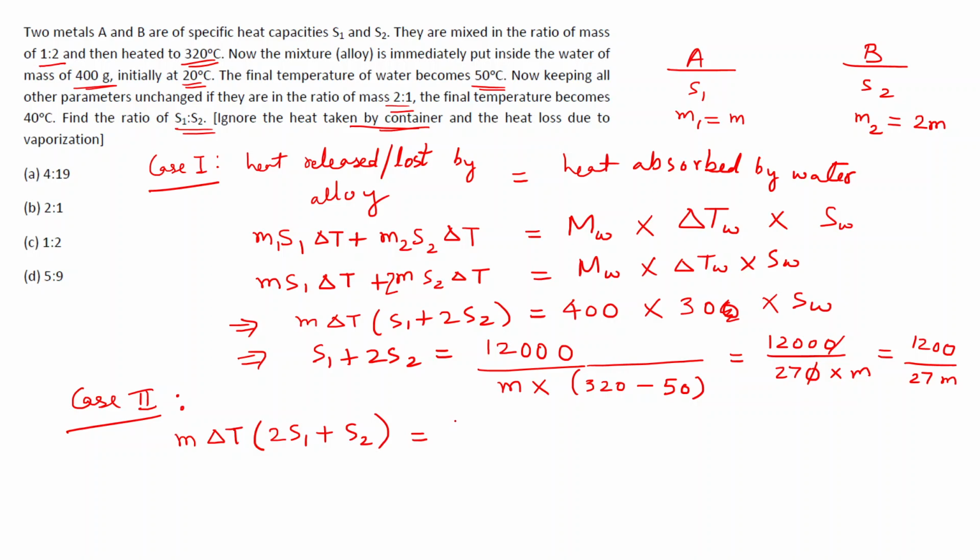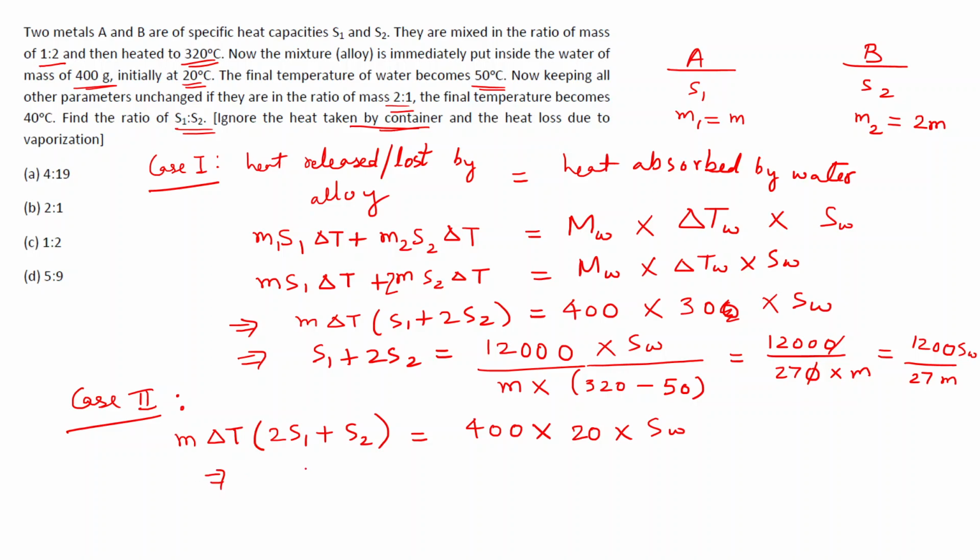The amount of water kept is the same, but the final temperature is different. It's 40 degrees centigrade, so the temperature difference will become 20 degrees centigrade. And I forgot, this is also there, SW, the specific heat of water.